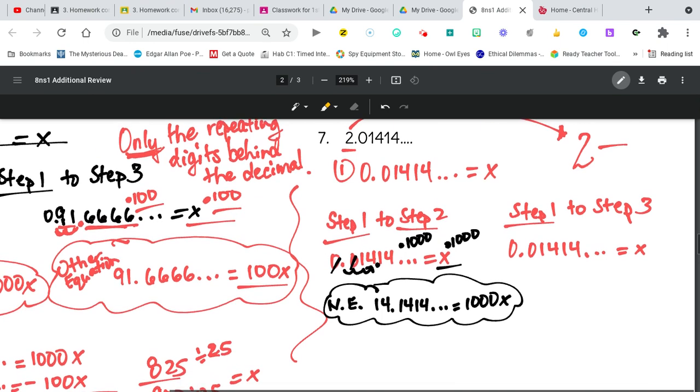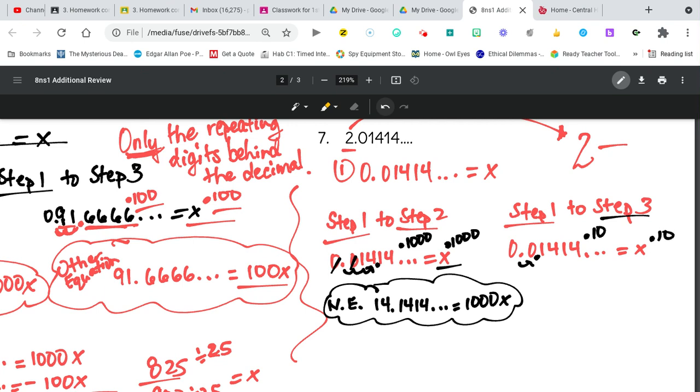And then this step 1 to step 3 says get only the repeating digits behind the decimal. So this 0 is throwing me off. If I didn't have the 0, I would only have the 1 and the 4s behind the decimal. So I just need to move my decimal here, which means I just need to move it one spot. So I'm going to multiply by 10 because the 10 has 1 zero.